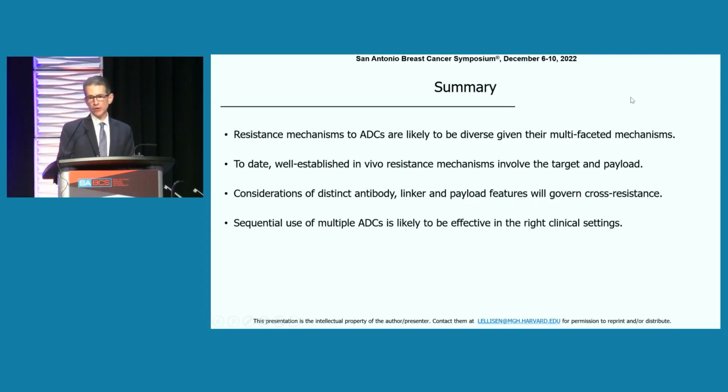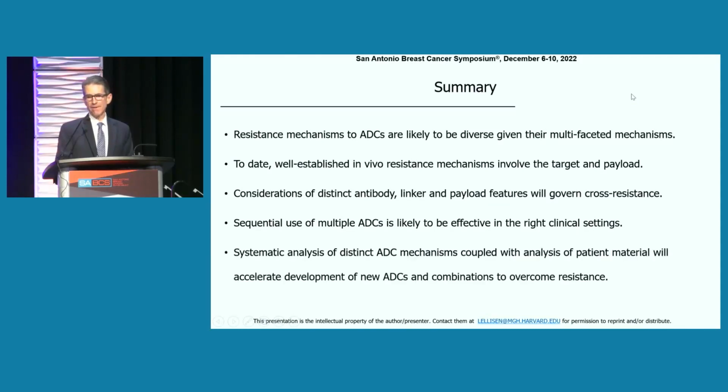The sequential use is likely to be effective, but in an informed clinical setting. And finally, the systematic analysis of distinct mechanisms coupled with analysis of patient material will accelerate development and indeed be essential for new ADCs and combinations to prevent and overcome resistance.